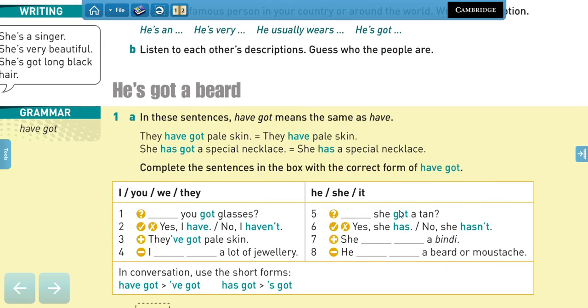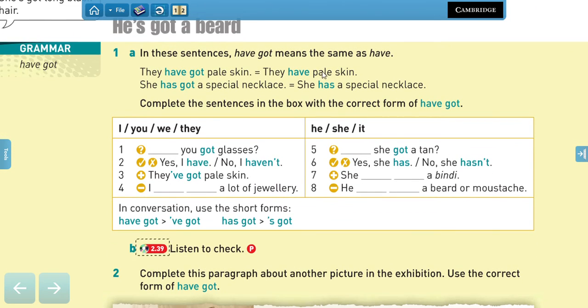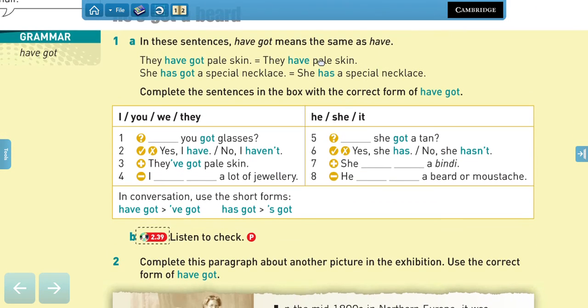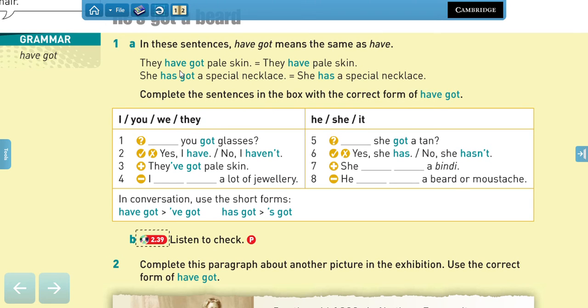Now, if you go here, you can see that we have two examples. It says, in these sentences, have got means the same as have. Have got is a very British expression. It's very common in British English, but in American English, have alone is more common.